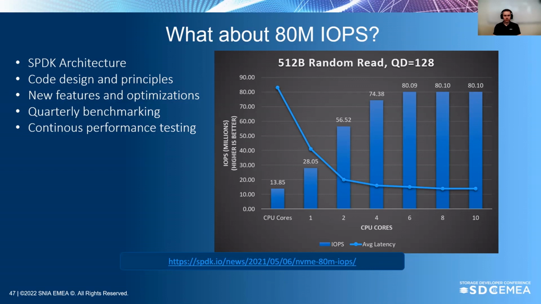Besides regular per release benchmarks, our colleagues, Ben Walker and John Kariuki from our team, did some additional tests and experiments and were able to squeeze out a bit over 80 million IOPS on a typical 2-unit Xeon-powered server system with a great average latency of just around 15 microseconds.